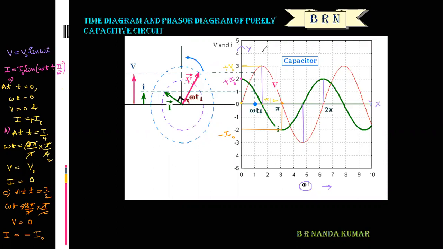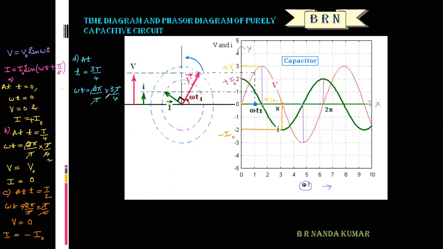And the next phase, at time t equal to, here, what is the time? 3T by 4. What is the value of omega t? Omega is 2 pi by T, and small t is 3T by 4.